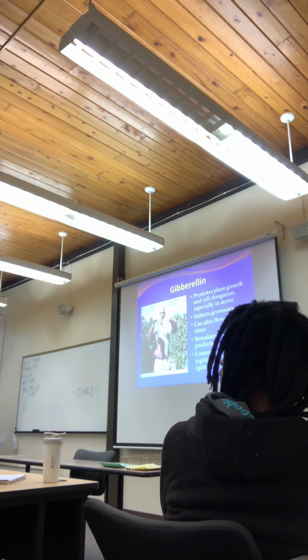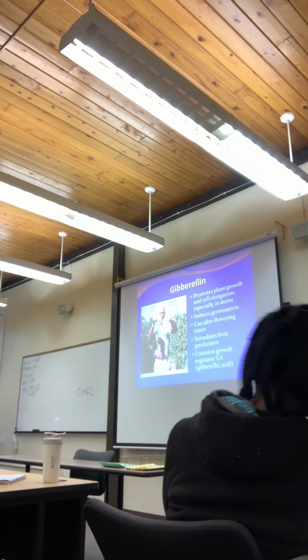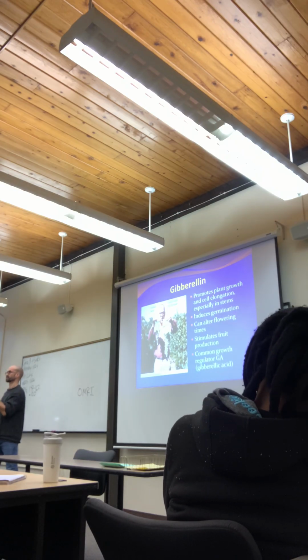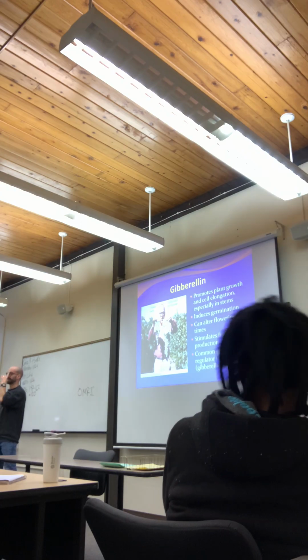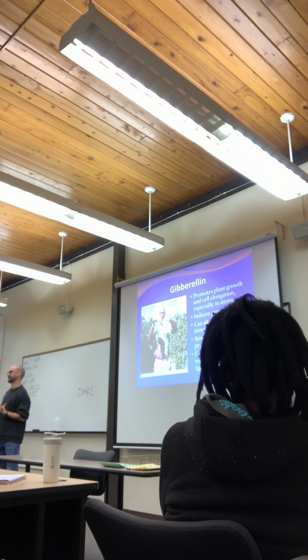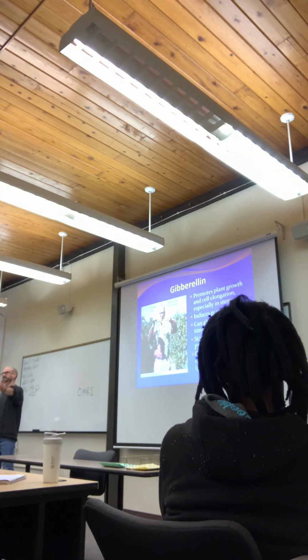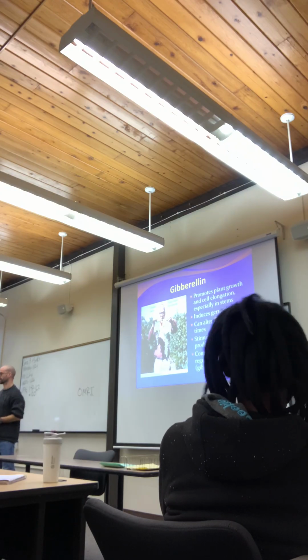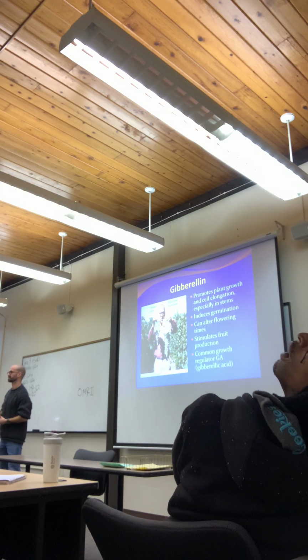So auxin and cytokinin are targeted to a particular organ system, roots or shoots, and gibberellin is generalized. Wherever it's needed in certain quantity or applied by people, that's where you get the effect.